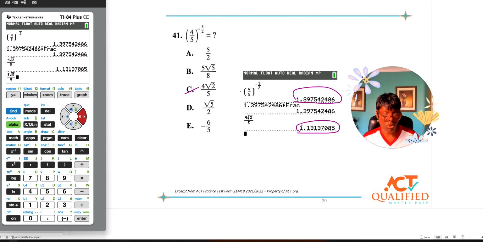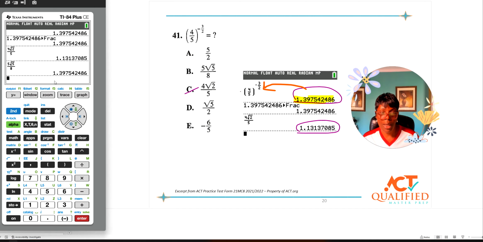As a reminder, I am looking for which answer choice is equal to this value, which is essentially the decimal version of this. Go ahead and press enter, and voila.